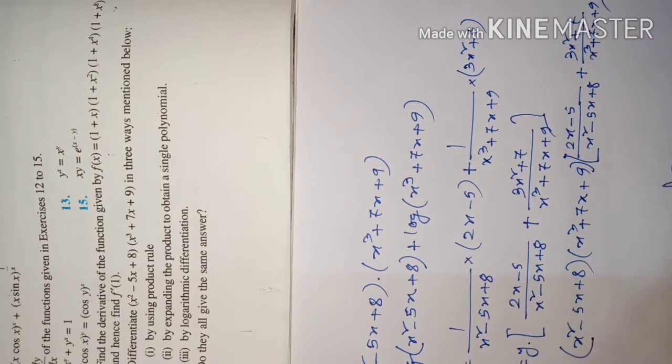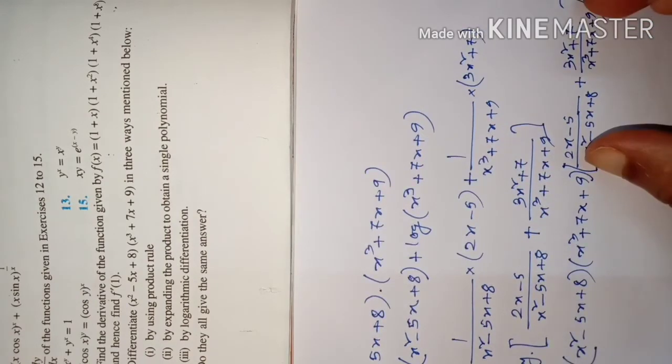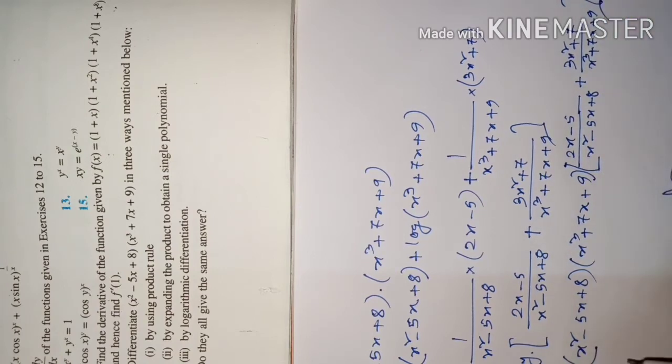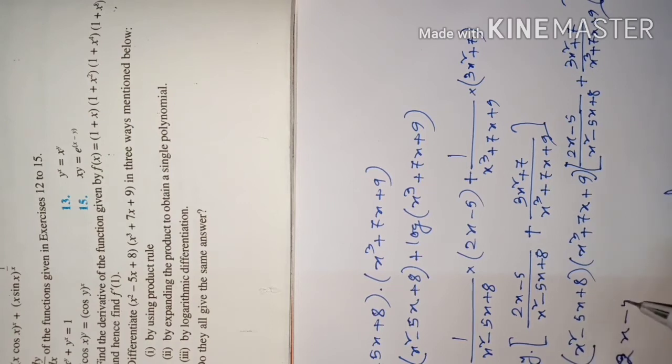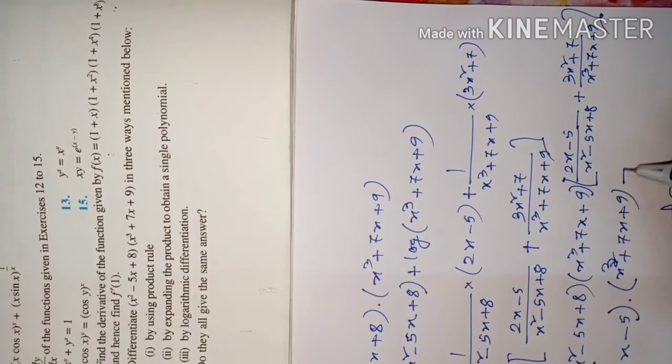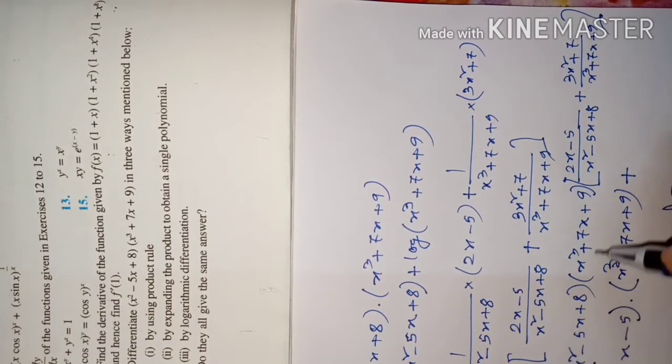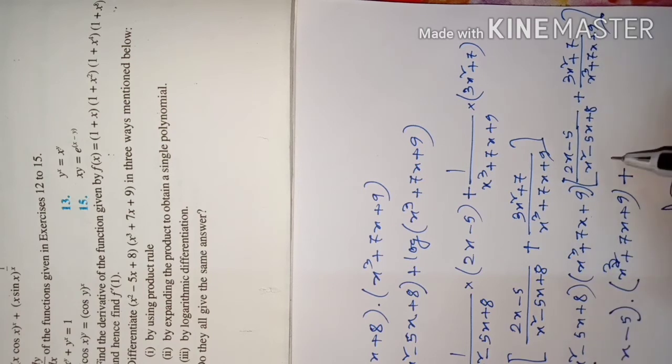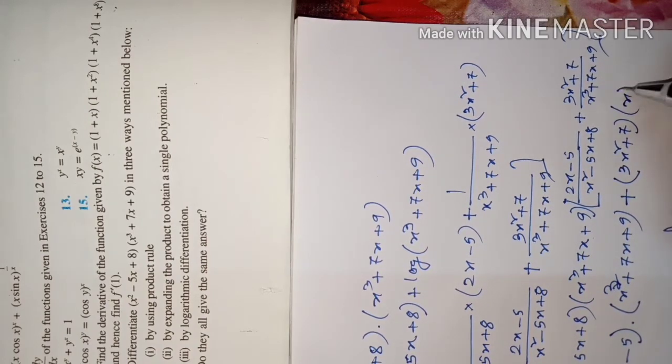So after multiplying by this whole thing inside bracket, as we will open the bracket, the expression will be like this: twice x minus 5 into x square plus x cube plus 7x plus 9, plus, this will get cancelled and this will remain, so it will be 3x square plus 7 into x square minus 5x plus 8.